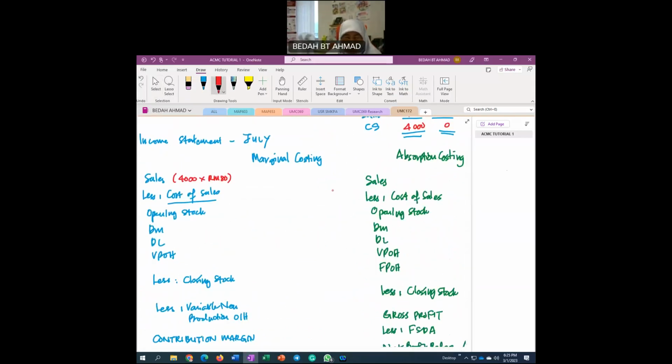So it is 320,000. Less cost of sales. There is no stock at the beginning of July. For direct material, direct labor, you can calculate one by one, or you can total up 40 multiplied by the production units of 8,000. Direct material 16, direct labor 16, and here is 8, multiplied by 8,000 each.